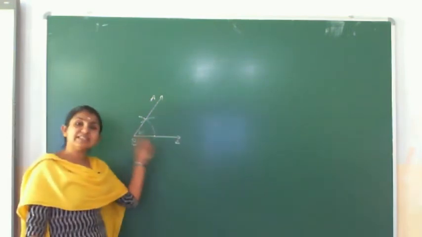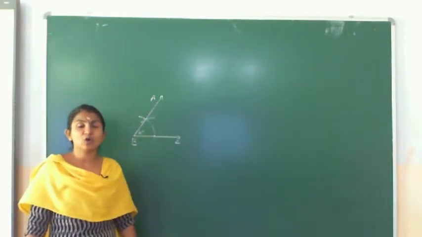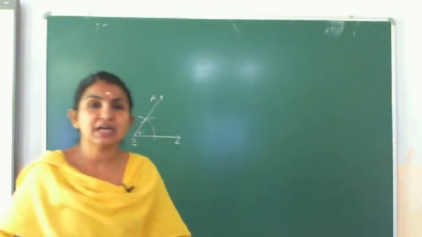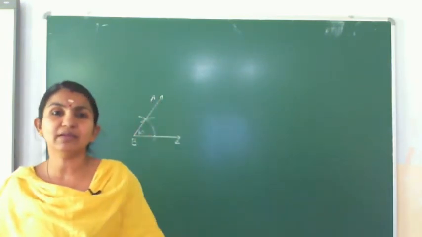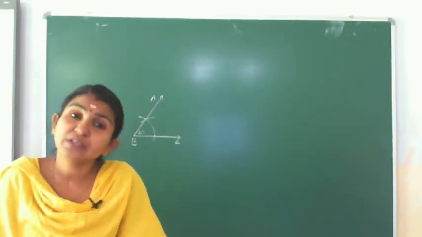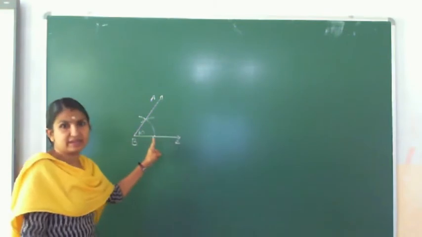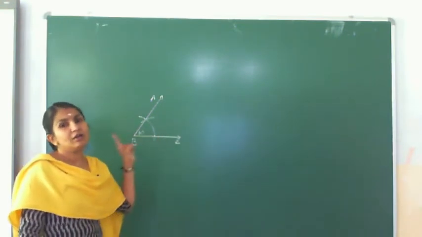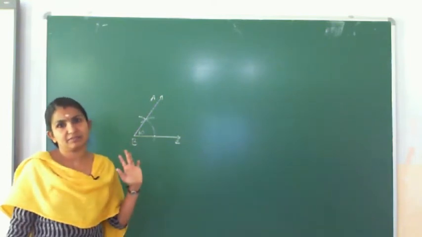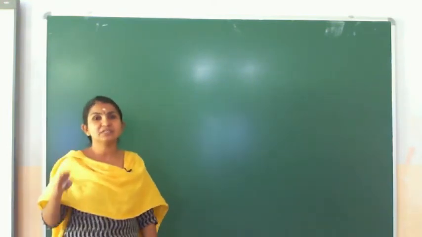Now if we got 60 degrees, how can we construct a 30-degree angle? It is asked to draw a 30-degree angle with ruler and compass. So what we need? First we have to construct a 60-degree angle with our ruler and compass. After that we should bisect. So for that the same process we have to do.